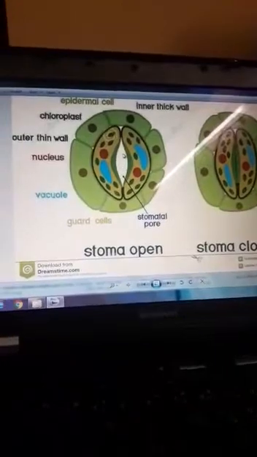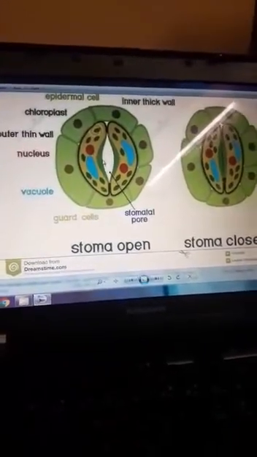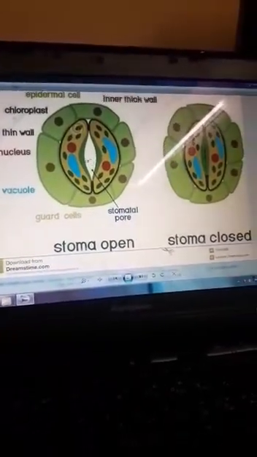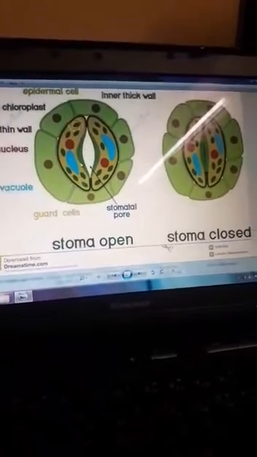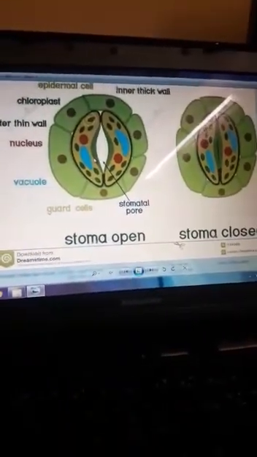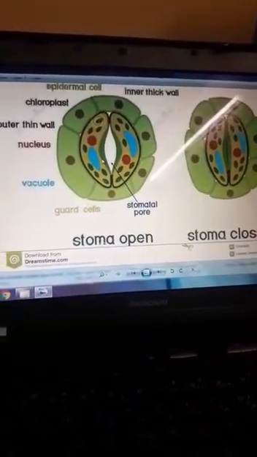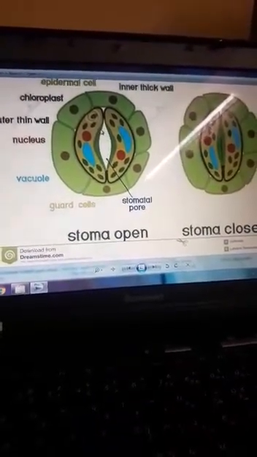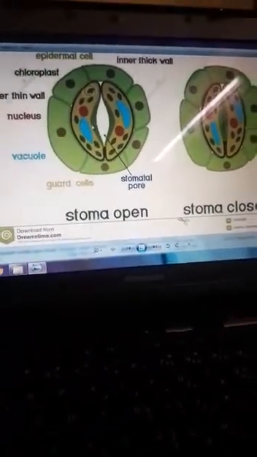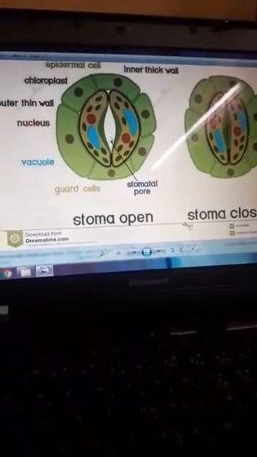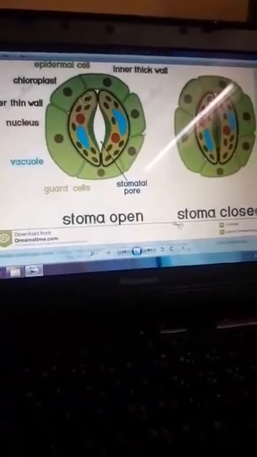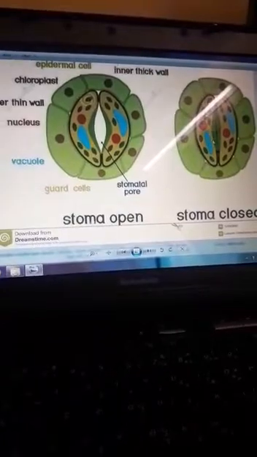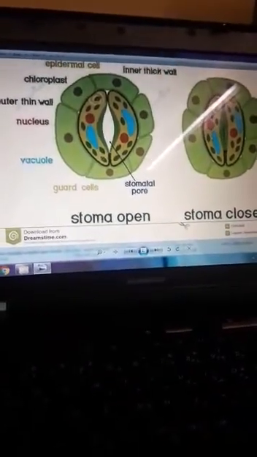See the guard cells. Why they open and close is due to some physiological process inside the cells, which you will learn next year. Anyway, the inner wall of the guard cell is thicker than the rest, and that also helps in the process. During daytime the stoma opens, whereas at nighttime the stoma closes. This is a closed stoma.